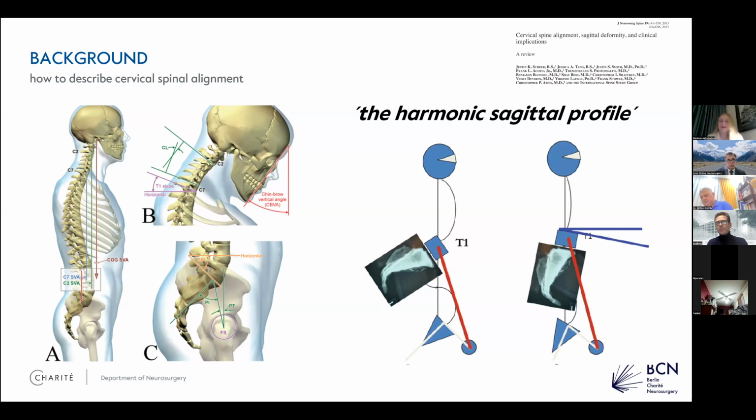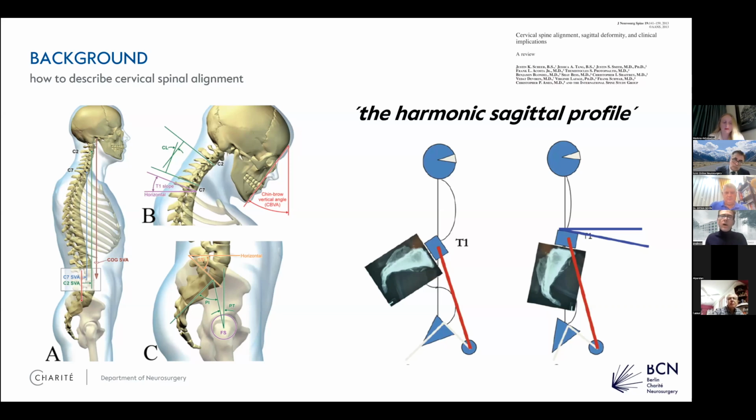So you might have a steep T1 slope resulting in a pronounced cervical lordosis, and if you have a low lordosis in the lumbar area, then this will result in a not so steep, a shallow or low T1, and in a less pronounced cervical lordosis.